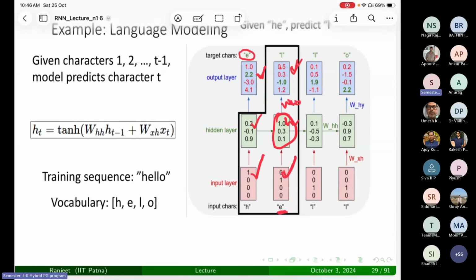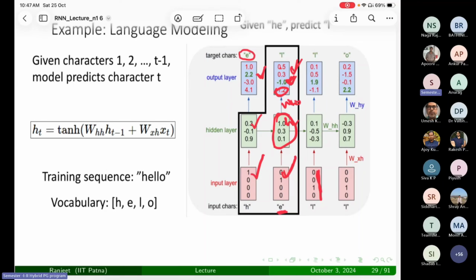This is giving the maximum value at this point, but it should give the maximum at this point, because the next character after E is L, and for the E, this is the representation that I want to get. But it's not giving that. It's not giving the maximum value at this point. Then there is loss.